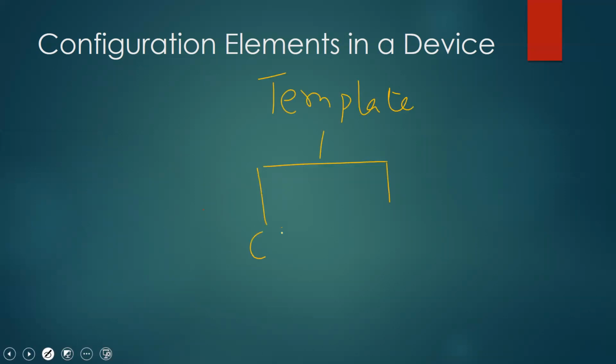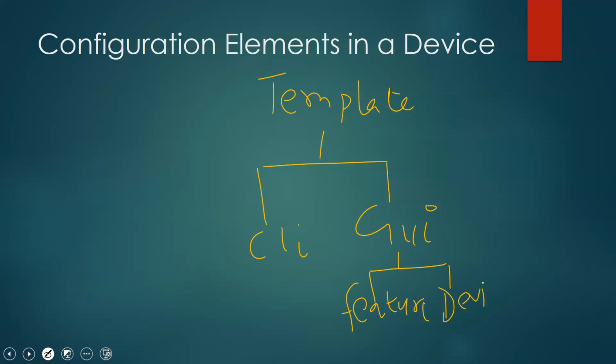One part is the CLI-based template, the other part is the GUI-based template. Further, if you divide the GUI template, you'll find that you have something called feature template, and then you have something called device template. This is the template part we have.